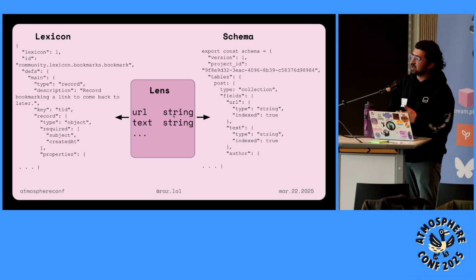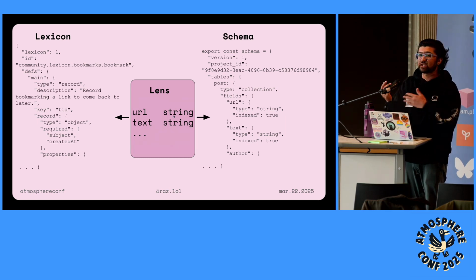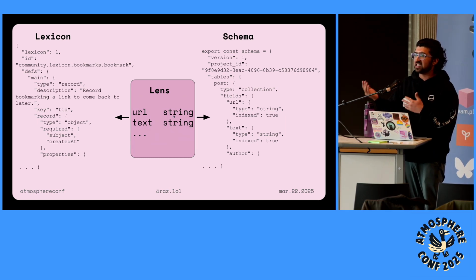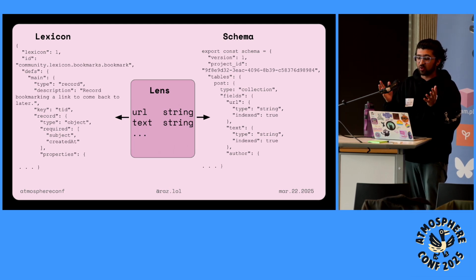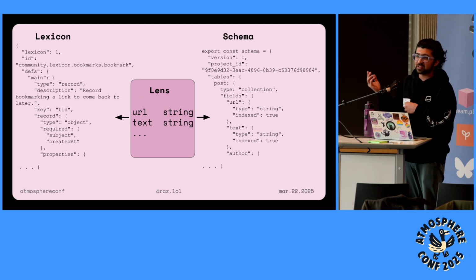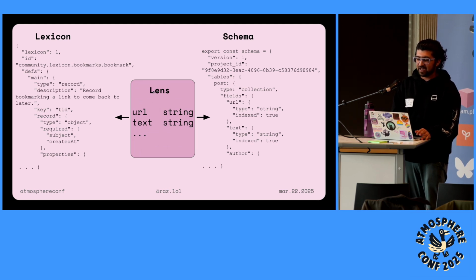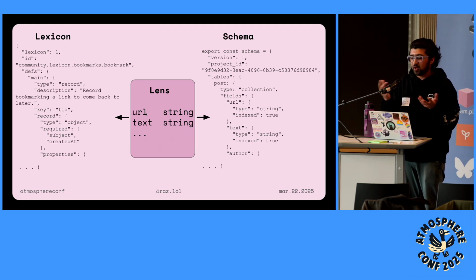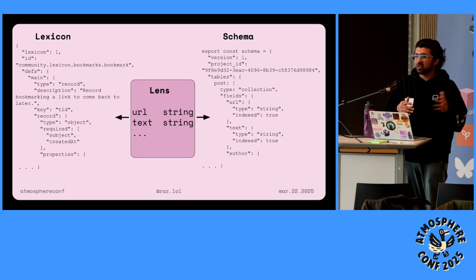Another thing we've been working on is schema lenses, which is a way to translate between different schemas. This works on Basic, but it could be a really cool way to bridge the gap between lexicon and Basic schemas. Essentially, you define the data that you want. You say, I want a URL and a text field, and then the system uses an LLM to determine which schemas or lexicons match that definition.